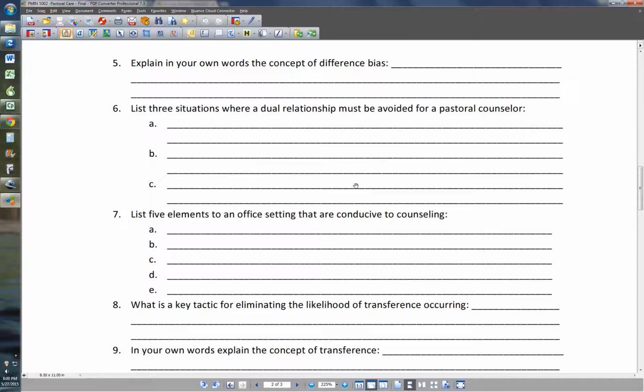They could just be different, and so you want to have an appreciation for human uniqueness, and not think that anything that's different from you is wrong, right?